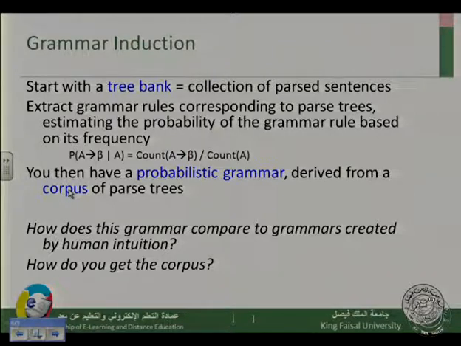How does this grammar compare to grammars created by human intuition? And how do you get the corpus? Two important questions. Let's start with the second one. How do we get this corpus? Easier said than done. We can easily say, well, start with a bank of trees. But how can we get them? It is an exhausting and painstaking job.